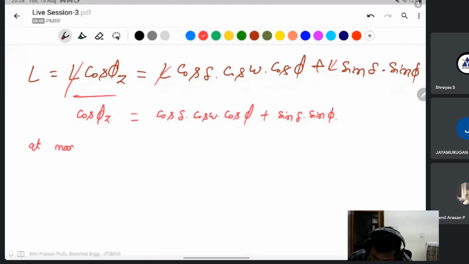At noon time, the hour angle omega will be 0.